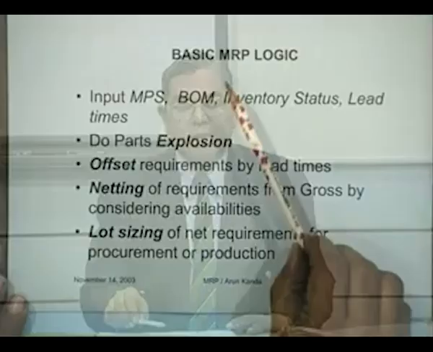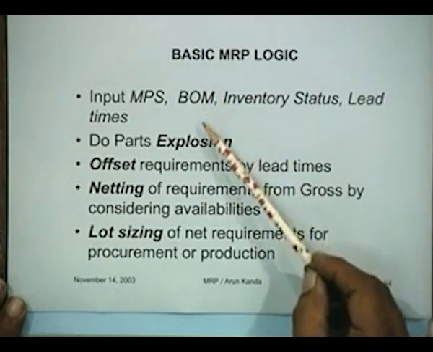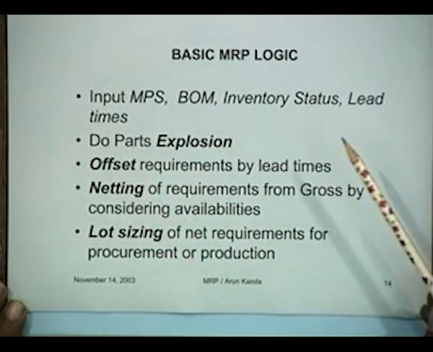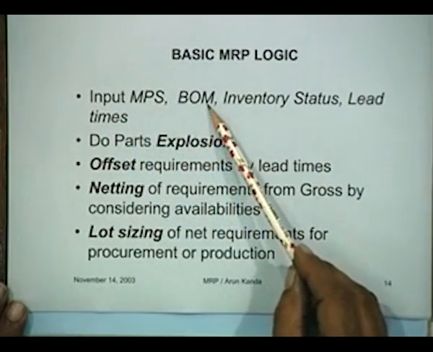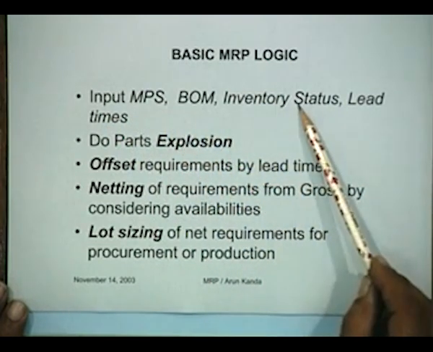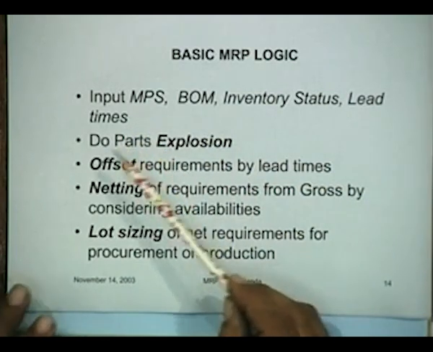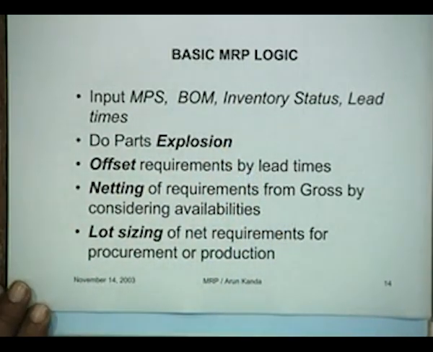In fact, the underlying logic of the MRP system is summarily described in this particular flow chart. What it shows is that you input the MPS, the master production schedule, the BOM file, the inventory status and the lead times. So we've got all that information. Then you do what is called parts explosion. We'll explain this when we come to the example.